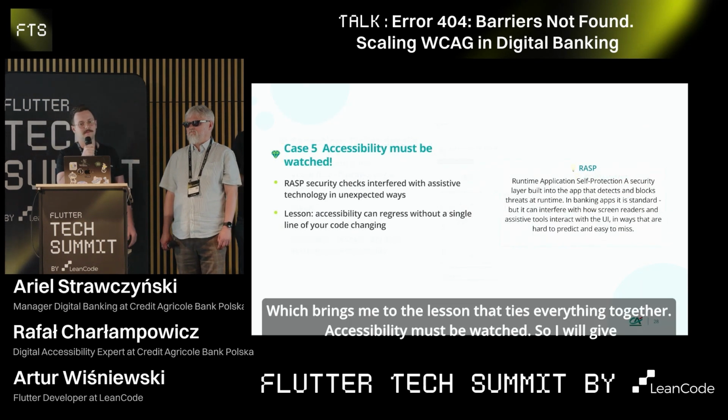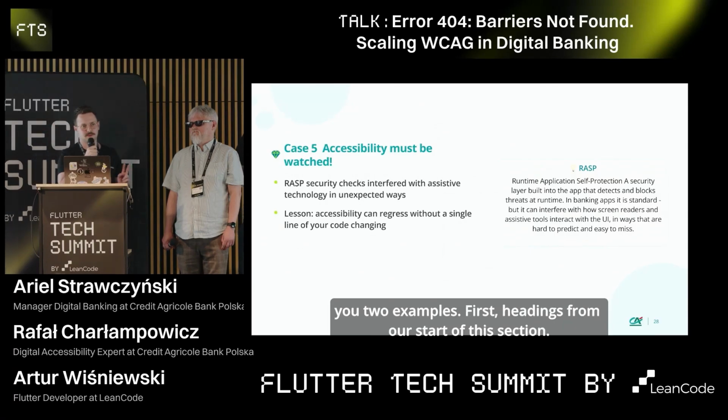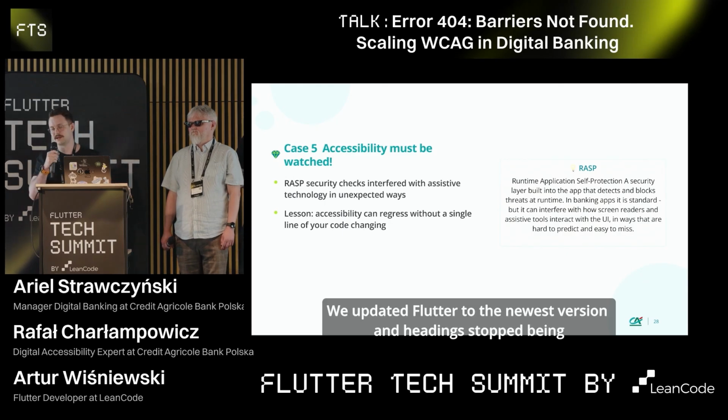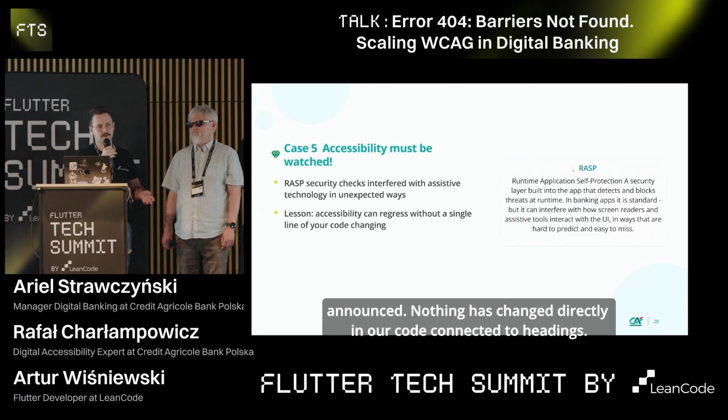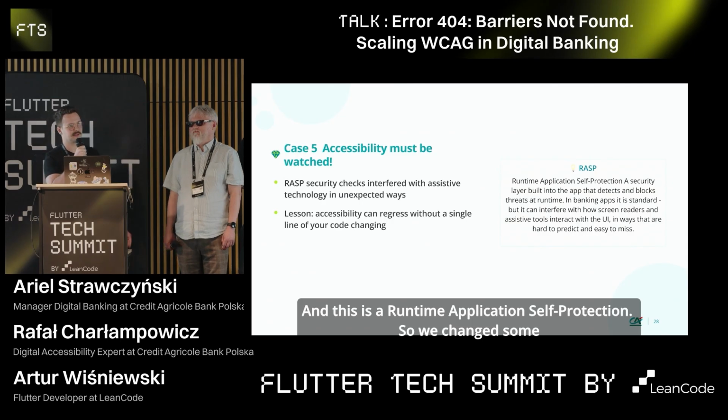Which brings me to the lesson that ties everything together. Accessibility must be watched. So I will give you two examples. First, headings from the start of this section. We updated Flutter to the newest version, and headings stopped being announced. Nothing had changed directly in our code connected to headings. And second case, security layer. Our app runs on a security layer called RASP, which is runtime application self-protection.